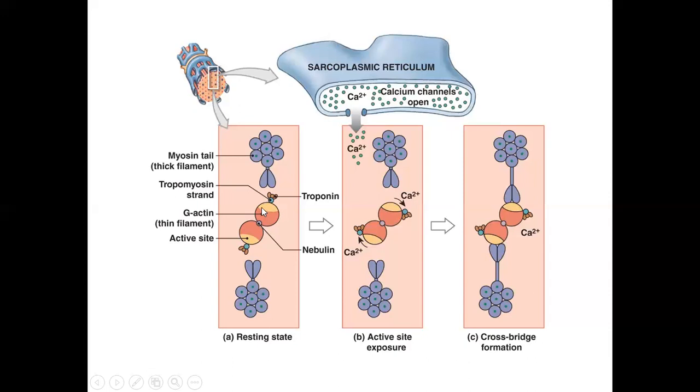Covering the myosin binding site is the tropomyosin molecule, which has been cut by cross section here. And this tropomyosin is interacting with the troponin. So now in the second step, calcium binds and pulls the tropomyosin away. You can see here, upon pulling it away, it leaves this place exposed.